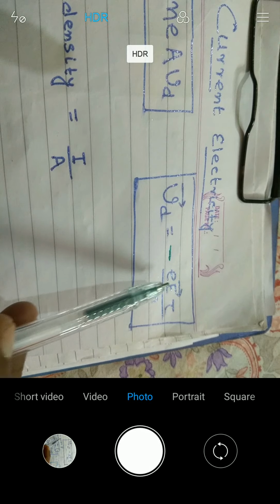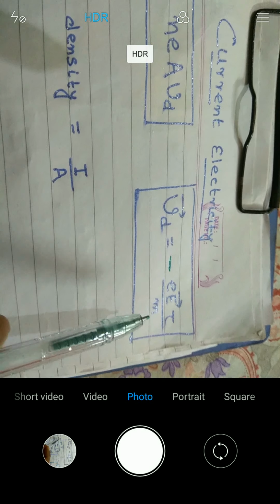E was the electric field, τ the relaxation time, and m the mass of electron.